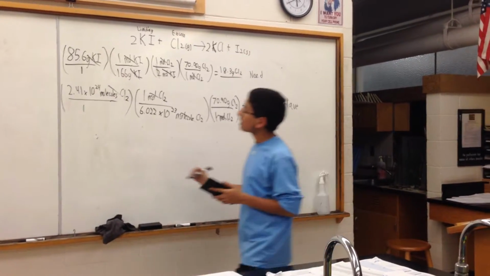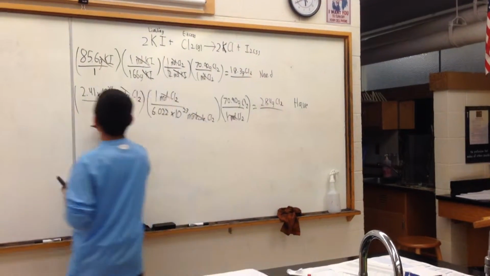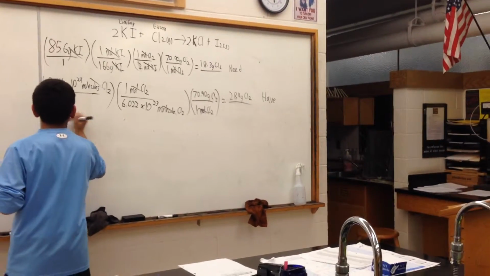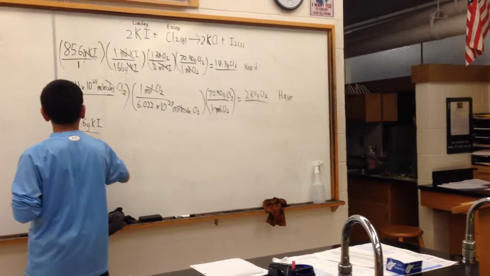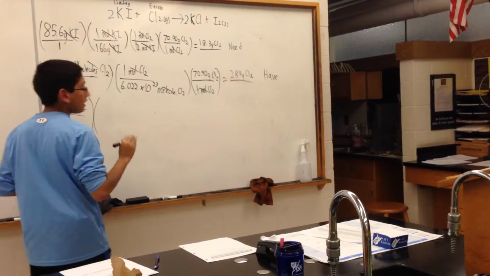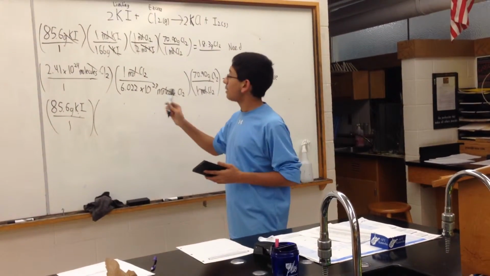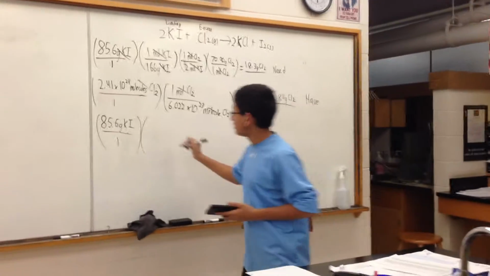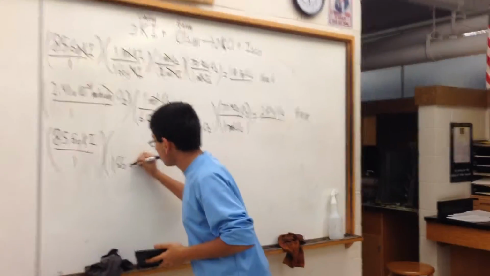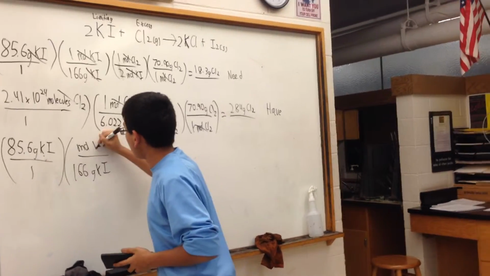Now that we found it, we can go ahead and find the amount of iodine. So start with 85.6 grams of potassium iodide. And then we're going to use our molar mass to get moles of potassium iodide. Molar mass of potassium iodide is 166 grams of potassium iodide per mole of potassium iodide.